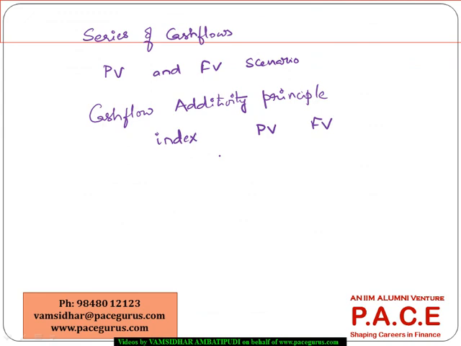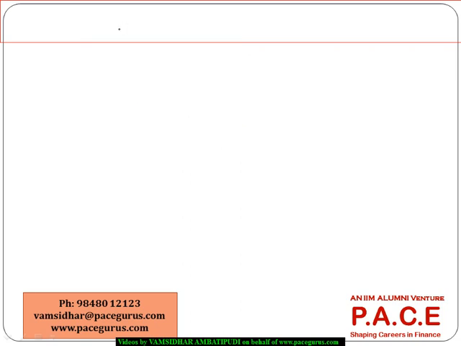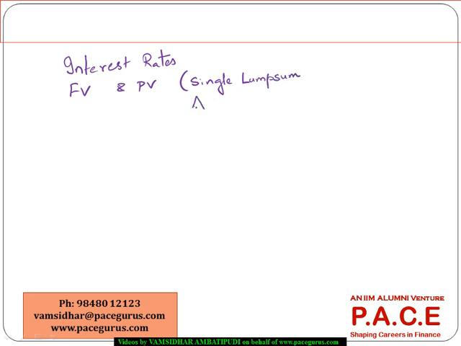And once we have got a hold on all these various concepts, just to summarize, initially we started off with the understanding of the interest rates. Then we looked at finding out the future value and the present value computations, both for a single lump sum as well as for annuities, as well as for uneven series of cash flows.